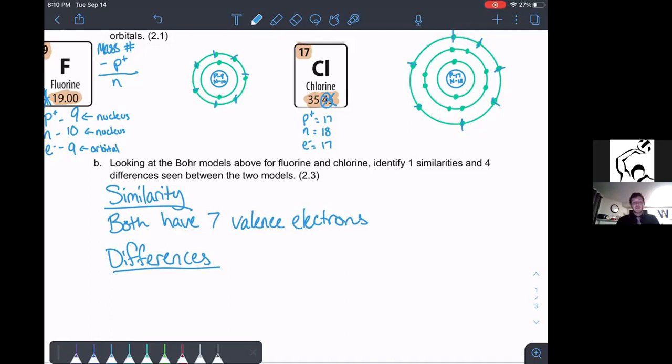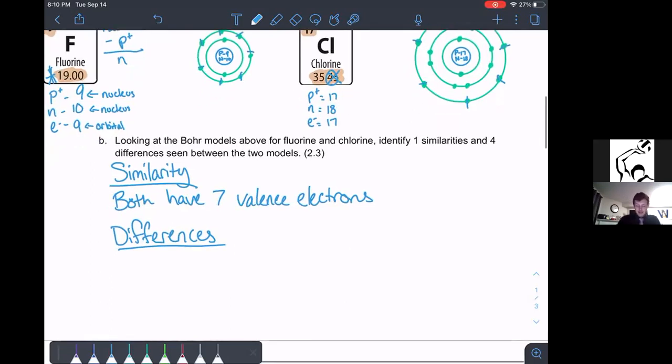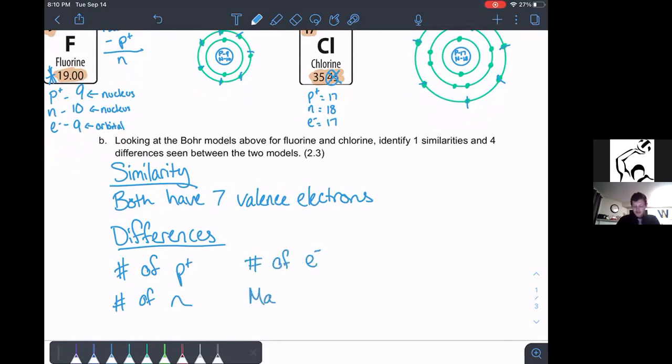And if we're talking about differences, we have the difference in the number of protons, the number of neutrons, the number of electrons, the mass number, the number of orbitals, we can keep going, but we only needed 4.